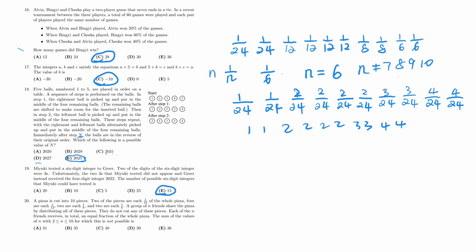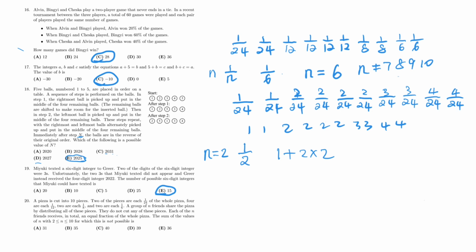So if n equals 2, each of the two friends gets 1 over 2. We can easily see: the 1 plus 1, and 2 times 2, we cut in half.